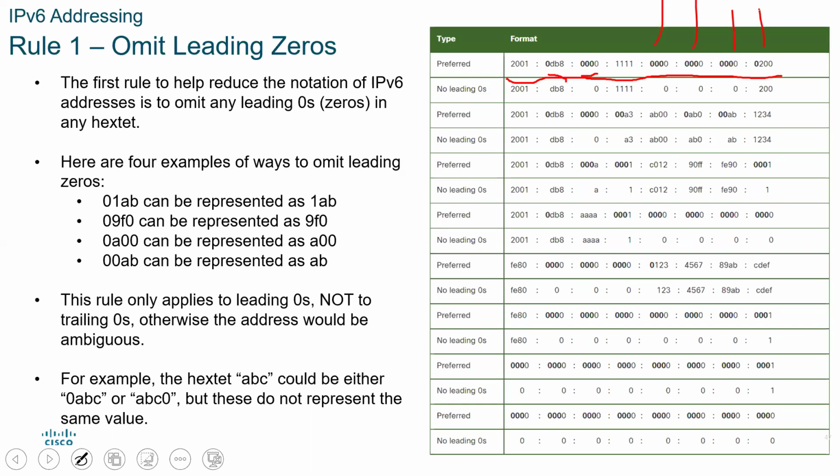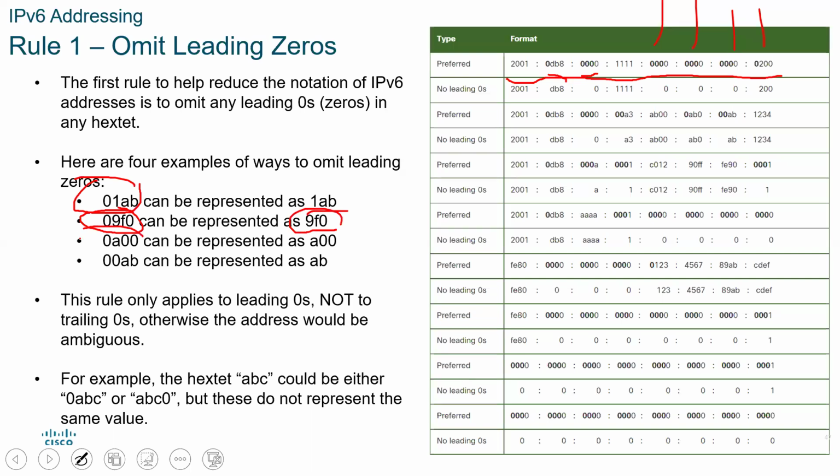So rule 1 is saying to omit the leading zero. For instance, if I have 01AB, I will represent it as 1AB. I have omitted the leading zero. This one is 09F0. There's a 0 at the end, but I'm not touching it, so I'll represent it as 9F0.